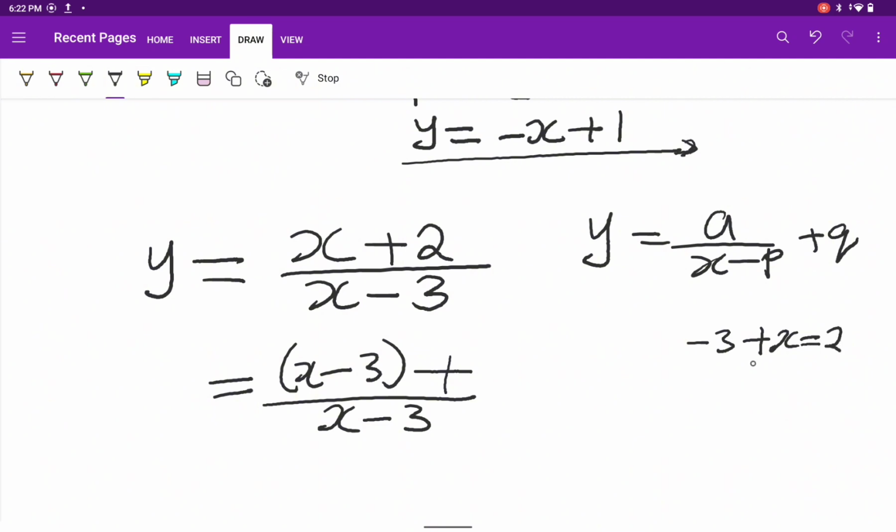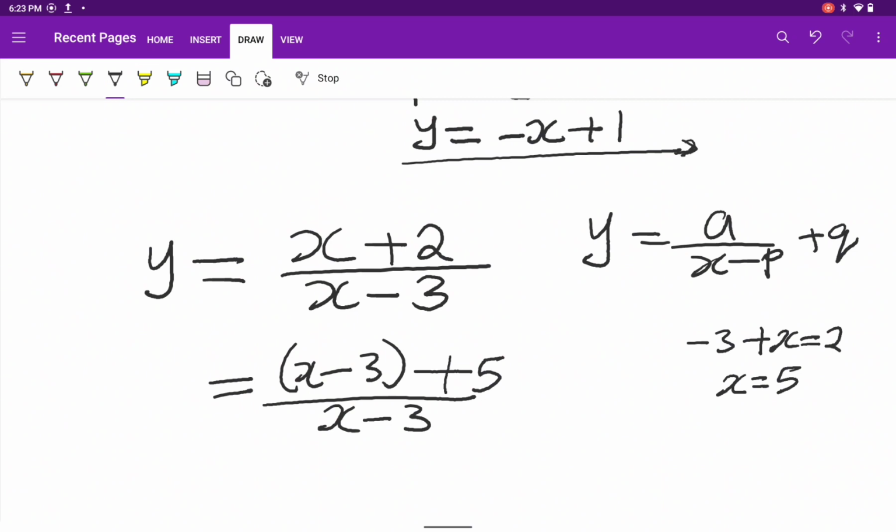So we can now solve for x. The 3, when it goes to that side, gives you 2 plus 3, which is 5. So it means we are adding a 5. If you work the numerator now, you'll go back to x plus 2.